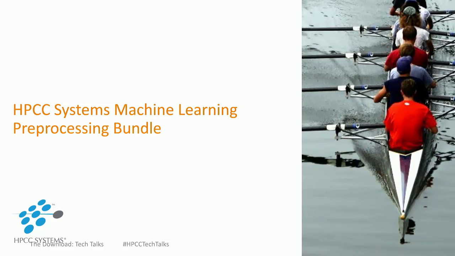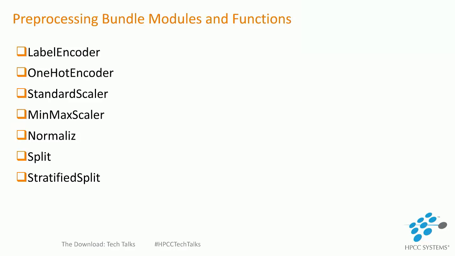I will now present each of the modules and functions in the current version of the preprocessing bundle. Currently we have seven modules and functions. The first two, label encoder and one-hot encoder, allow you to handle data sets containing categorical features.